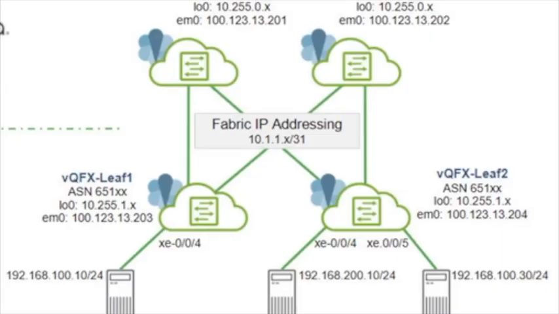Configuring EVPN VXLAN by hand, we start with our devices wired in our 3-stage CLOS configuration. We configure eBGP between our leaves and spines as our underlay for the purpose of advertising our loopbacks.